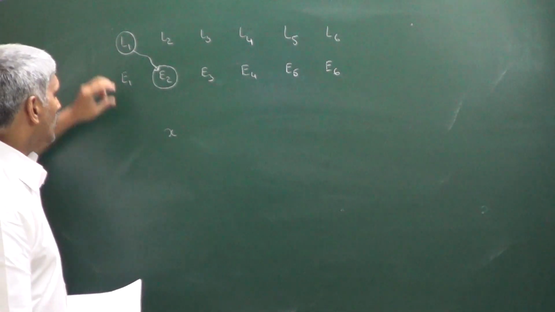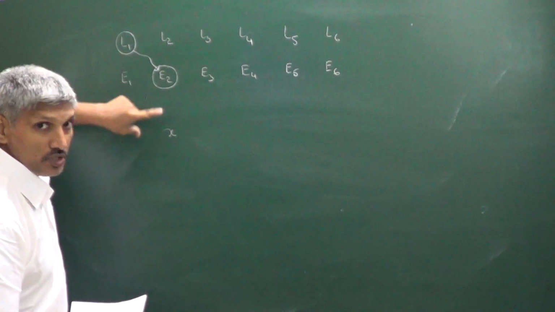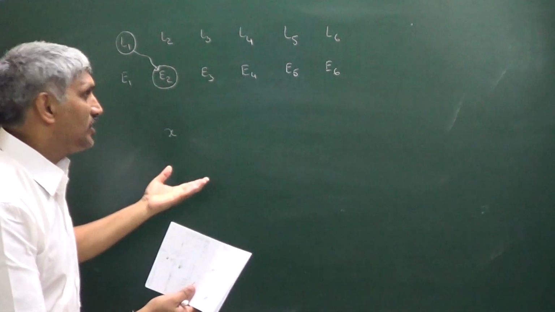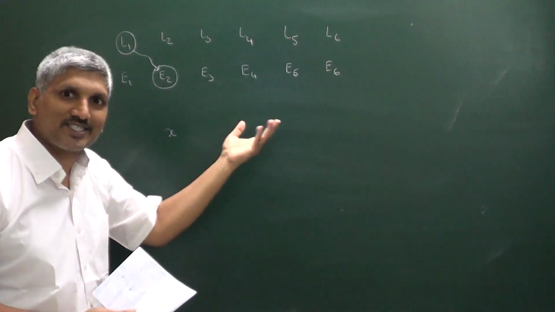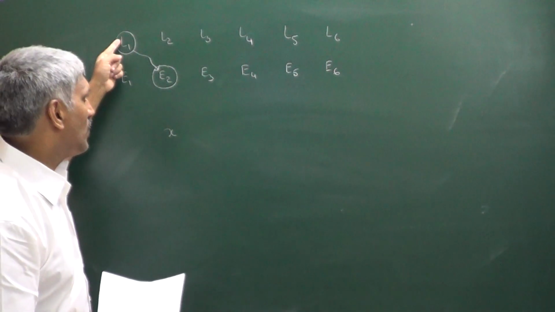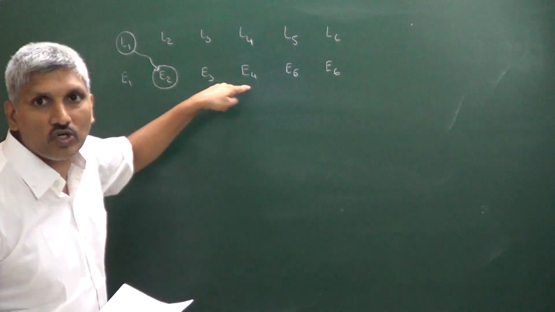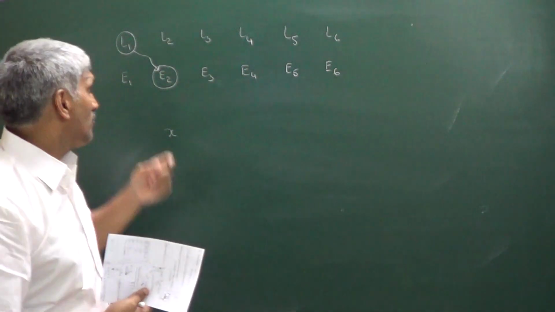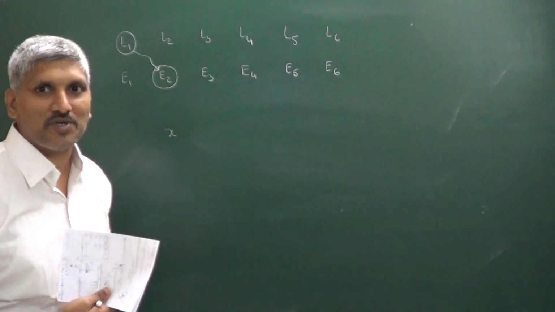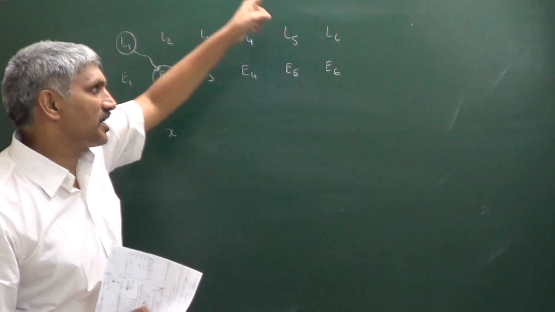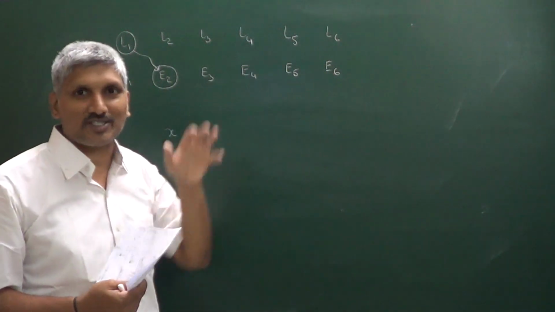When L1 is entering into E2, X possibilities. Similarly, when L1 is entering into E3 also X possibilities, E4 also the same X, E5 also the same X, and E6 also X possibilities.